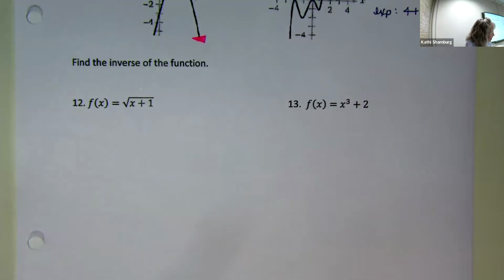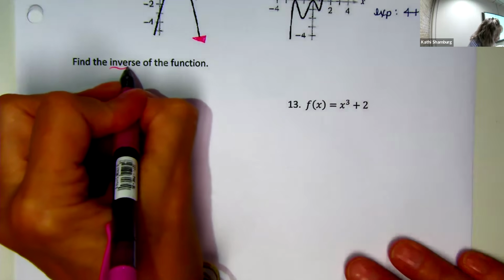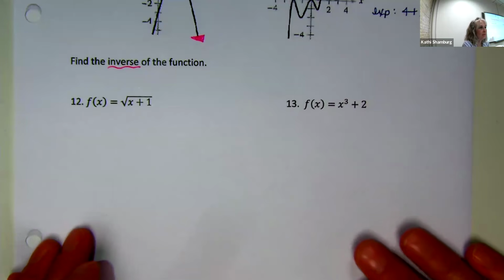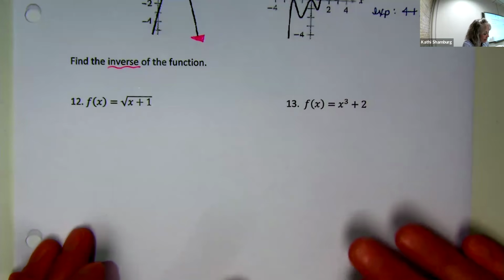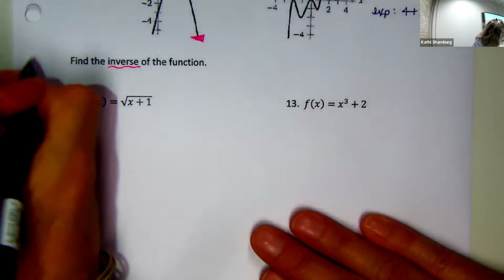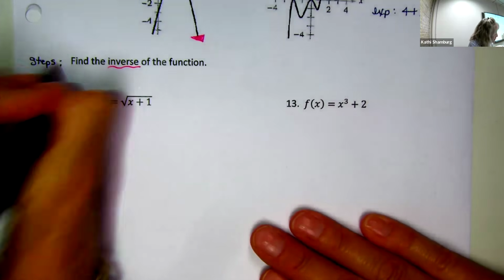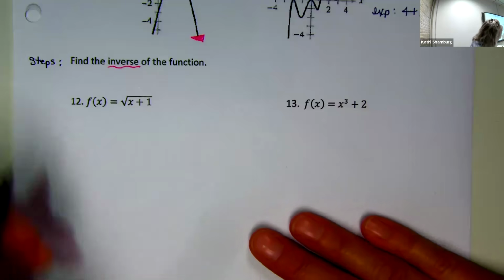All right. So what we're going to look at now is how to find the inverse. Now, you did do this in algebra for STEM, but it's been a while. So I'm going to give you the steps that you're going to follow to find the inverse of a function.